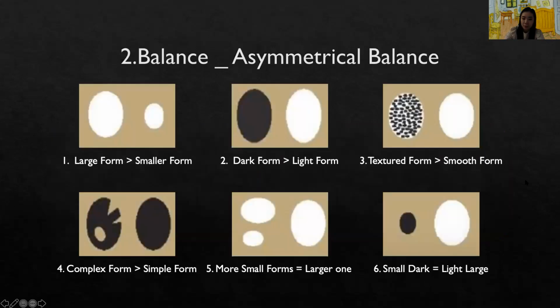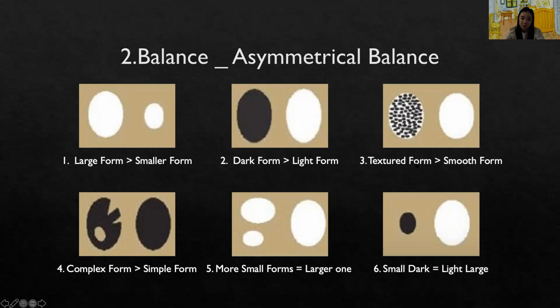We saw six types of asymmetrical balance, so let's quickly review them. The first is that a large form is visually heavier than a smaller form. Number two, a dark value form is visually heavier than a light form of the same size.